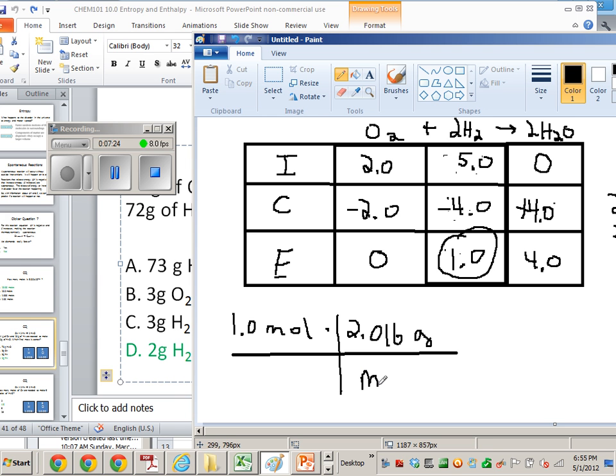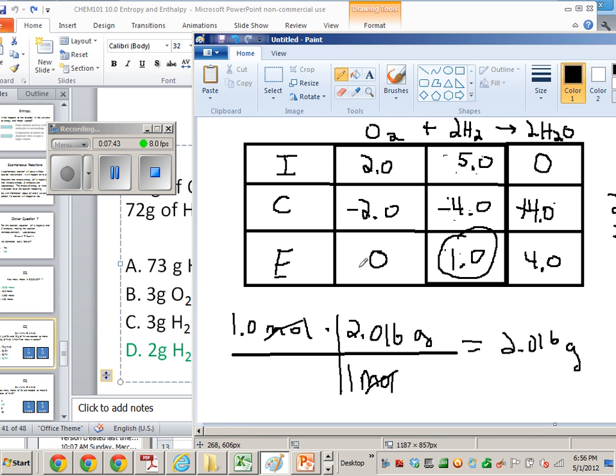That's H for 1 mole of H2. And the moles cancel. And I end up getting 2.016 grams. And since we only had 2 sig figs, 2 is more appropriate than 3, so D is the best answer. Actually, yeah, I think that's right.